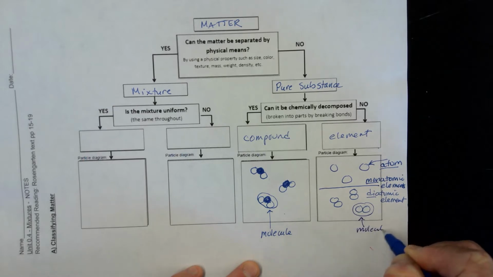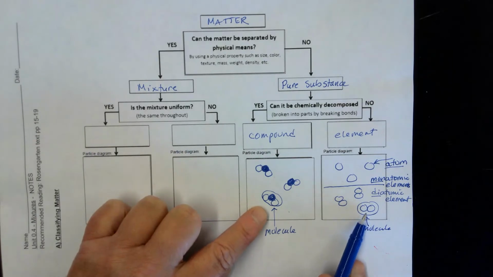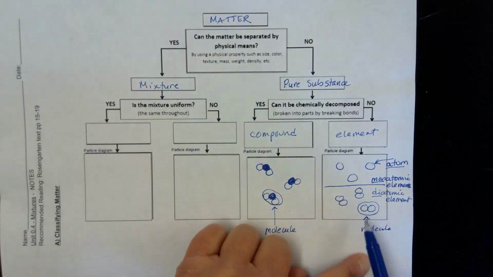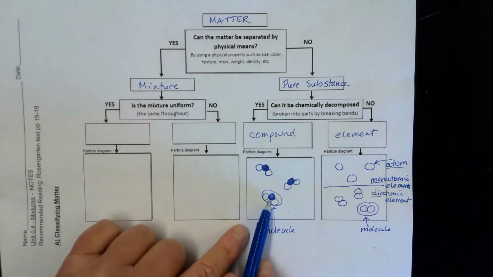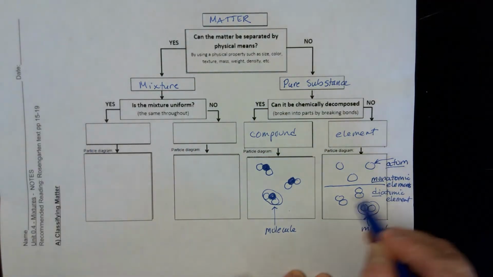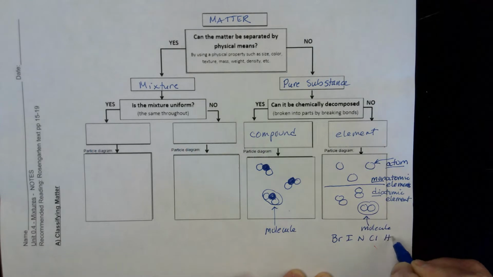Remember, a molecule is any type of particle where you have at least 2 atoms chemically connected. In the case of this diatomic element, both of these atoms are identical. In the case of a compound, there are 2 different elements connected. There are only 7 elements that do this diatomic thing, as you recall, with the acronym, the Brinkel-Hoff.